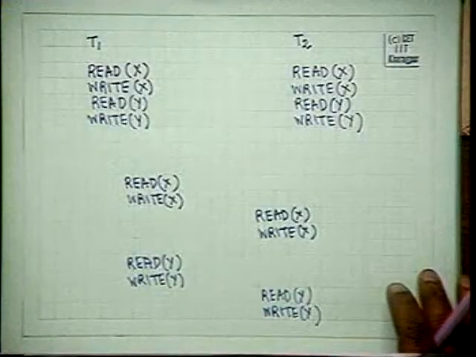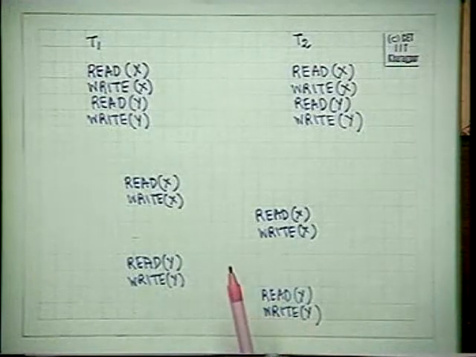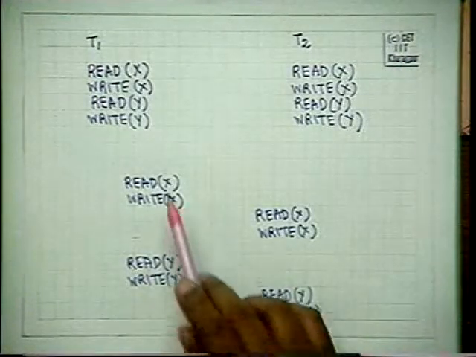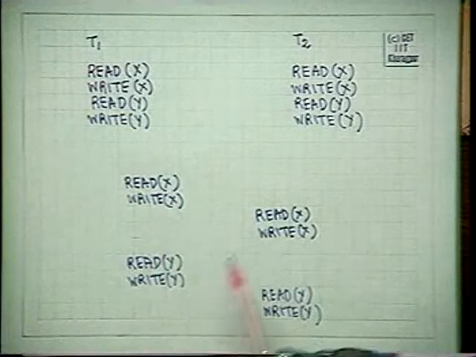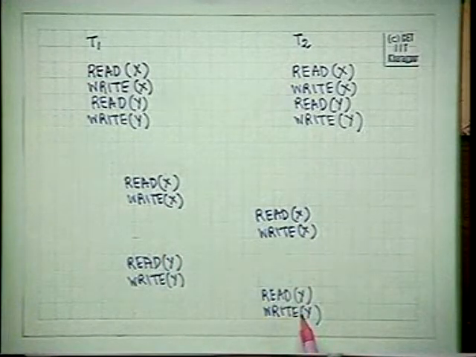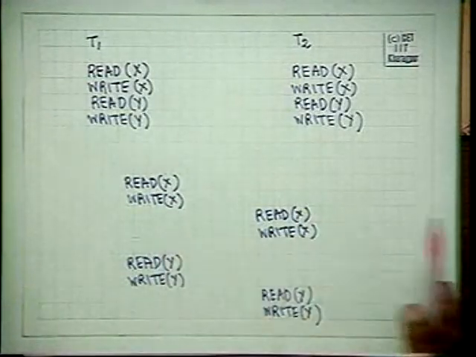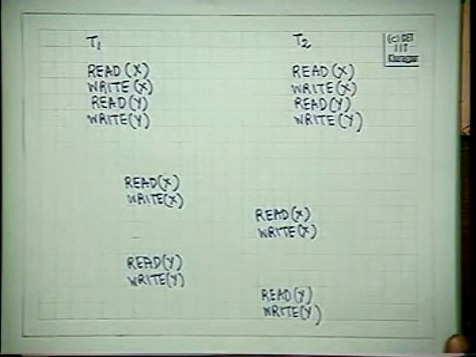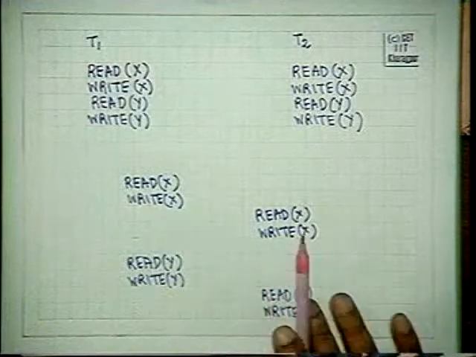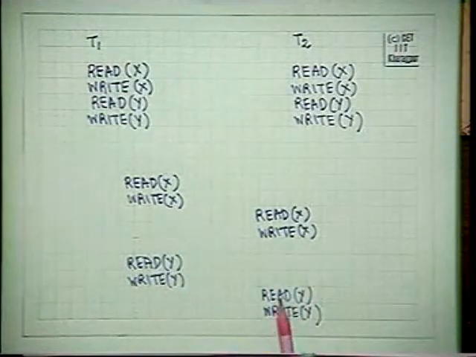Now, let us try and see what conflict serializability means. Given a schedule, we are doing it only with two transactions now. It can be 3 or 4 transactions executing simultaneously. All these techniques which we will discuss hold for more than one transaction.